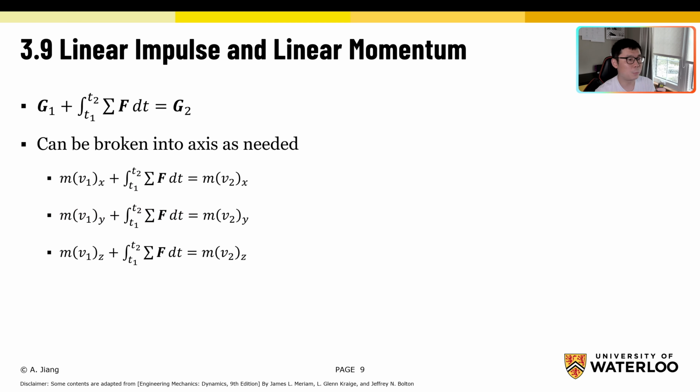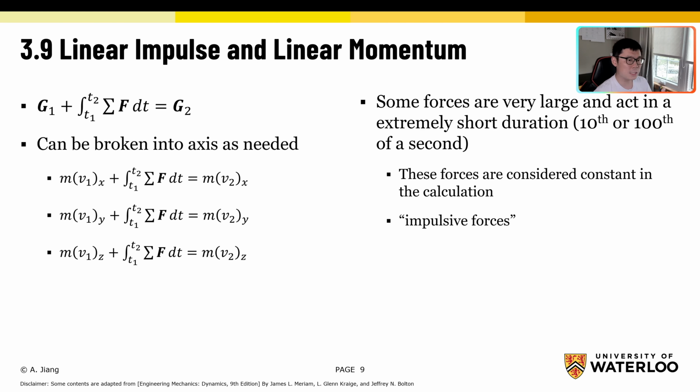We can break linear momentum into different axes for easier calculation. Sometimes you will see forces that can be treated as constant force during an extremely short time period, such as 0.02 second. Within that short period of time, we call them impulsive forces, and they can be treated as constant.